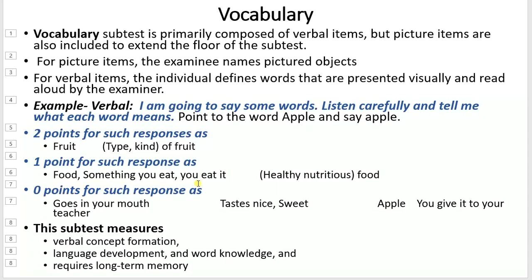Healthy, nutritious food, again 1 point is given. But if an individual says it goes in your mouth, it tastes nice, sweet, or you say what is apple? Apple. You give it to your teacher, you gift it to your friend, like this, it means you do not have the meaning of the term apple. Therefore, you get 0 points.